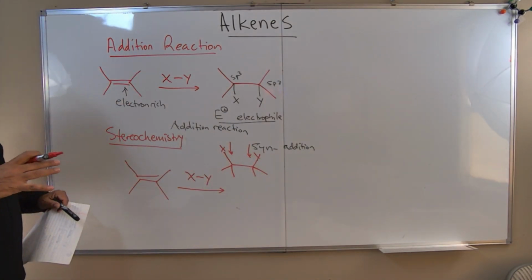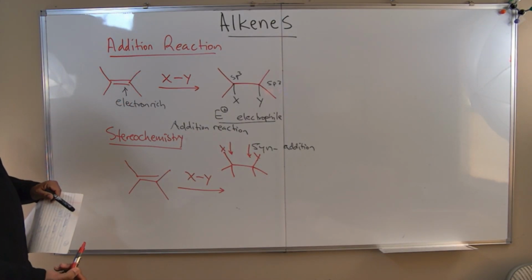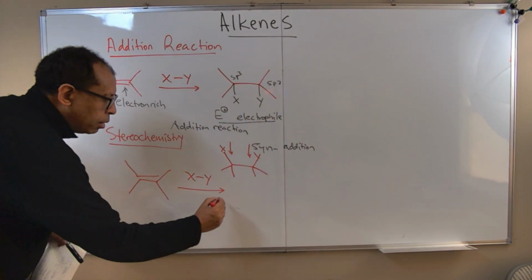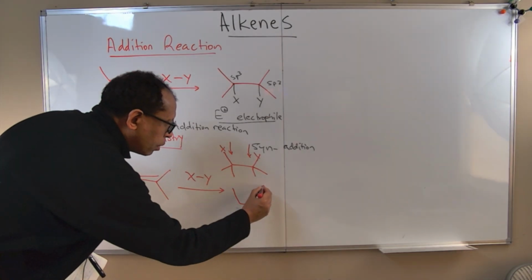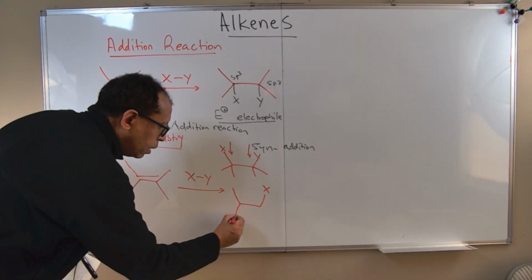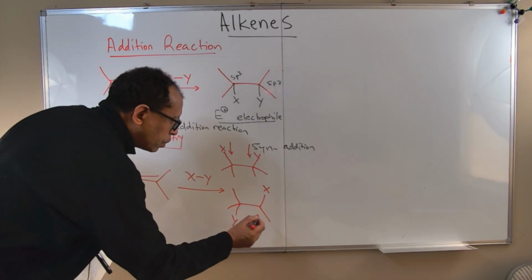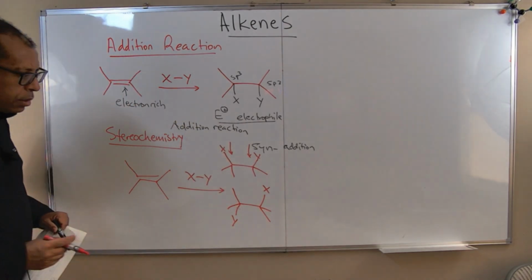But if X adds from one side and Y adds from the other face, you would have a different outcome. So if this is X and this is Y, now you have this.